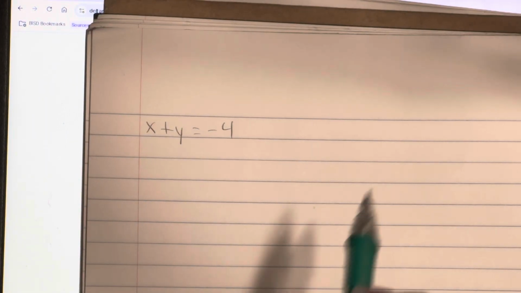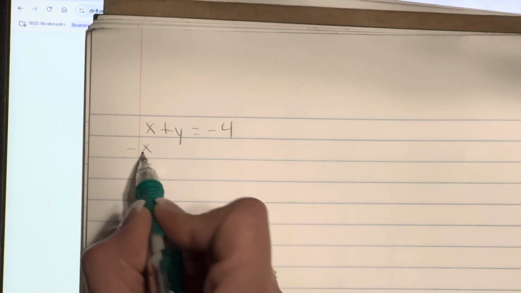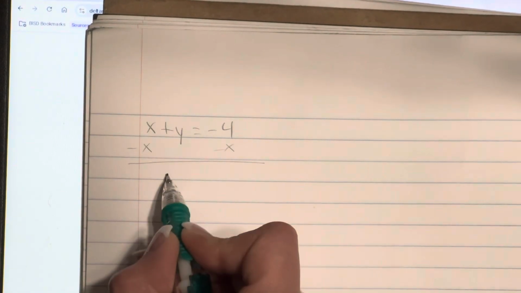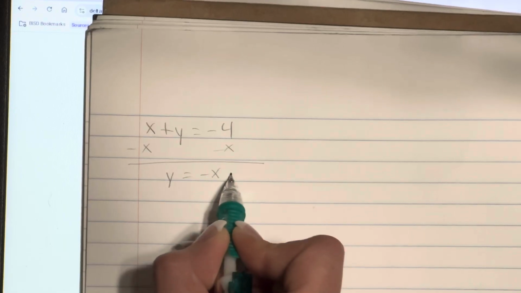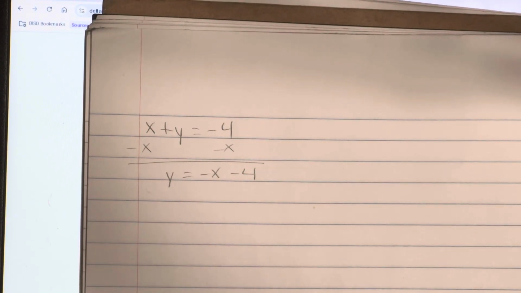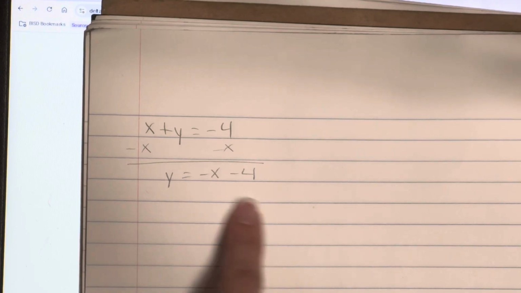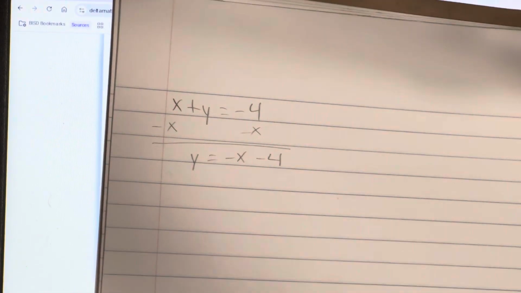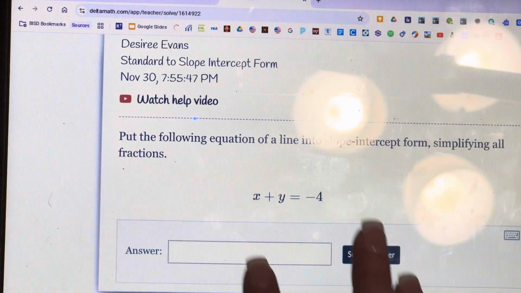First thing it says is to move our x term, so I'm going to subtract x from both sides. Then divide by the coefficient in front of y. In this case it's 1, so I don't need to divide anything. So that would be my answer. Y equals -x minus 4.